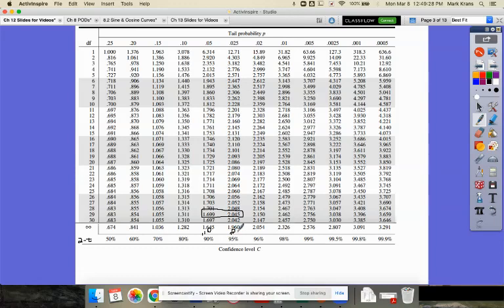But if it's one tail, then I know that my p-value is somewhere in between, in the same column, these two numbers. Okay, so it's got to be a little bit bigger than that and a little bit smaller than that. And you can sort of see it's closer. 1.97 is closer to this. So we're going to be closer to 0.025 than we are to 0.05.